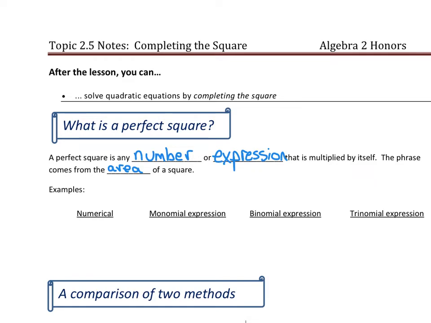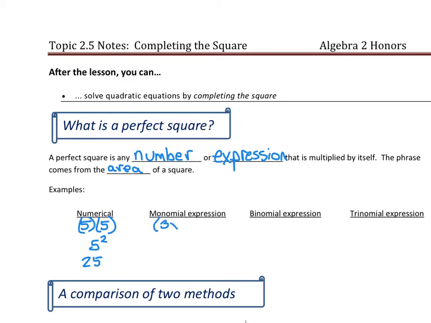All right, so first let's look at a numerical example. 5 times 5. They're 2 numbers multiplying itself 2 times. We could write that as 5 to the power of 2, or 5 squared. That's 25, and that is an example of a perfect numerical square. Let's look at a monomial expression. By that I mean a one-term expression that is algebraic in nature.